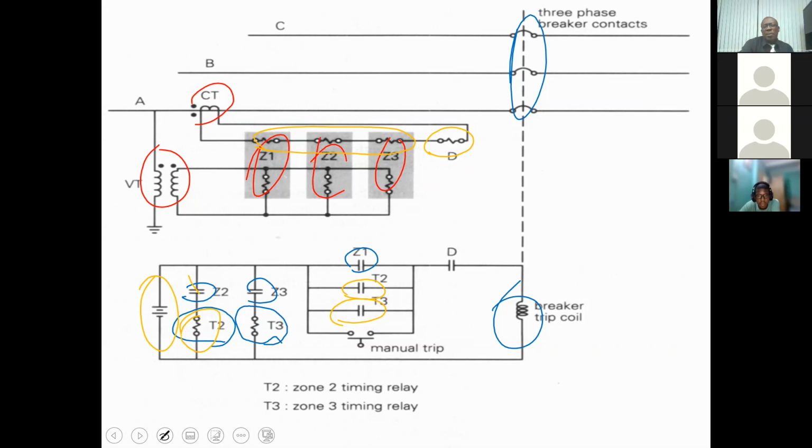One more quick question, sir. Go ahead. When you initiate T2 and T3 down here, after that time has elapsed, for example with T2, the contact here below Z1 would close. When 300 milliseconds pass, this contact closes.